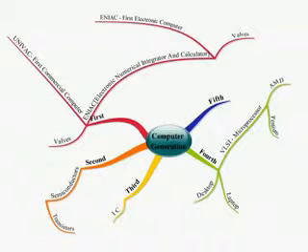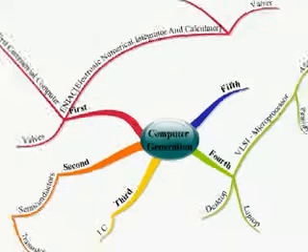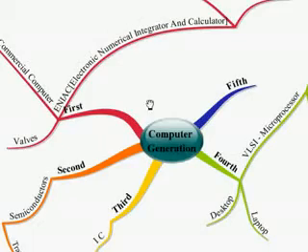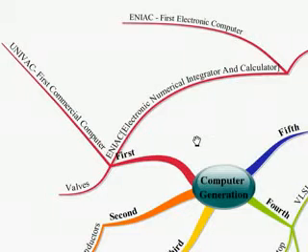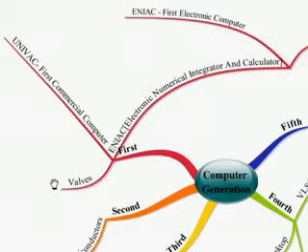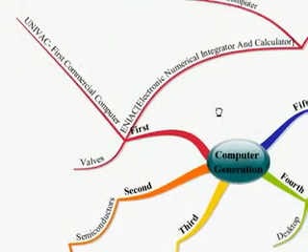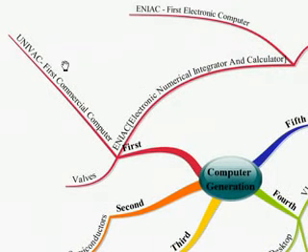The very first generation used was known as the first generation computers. The first generation computers used valves as their basic building block, and UNIVAC was the very first commercially known computer, the computer which was made for the commercial purpose.